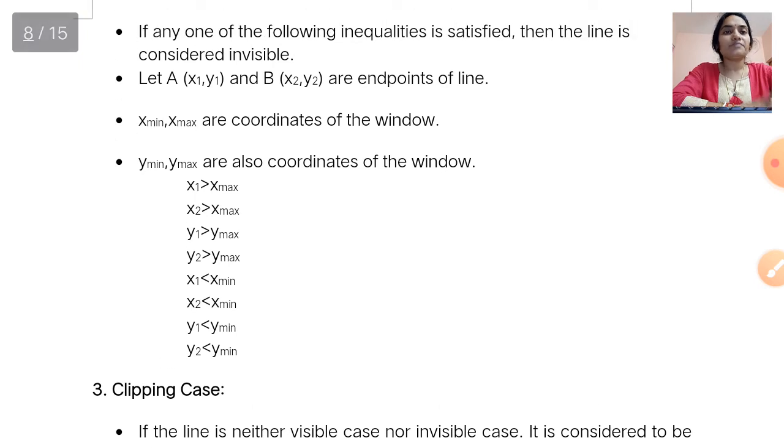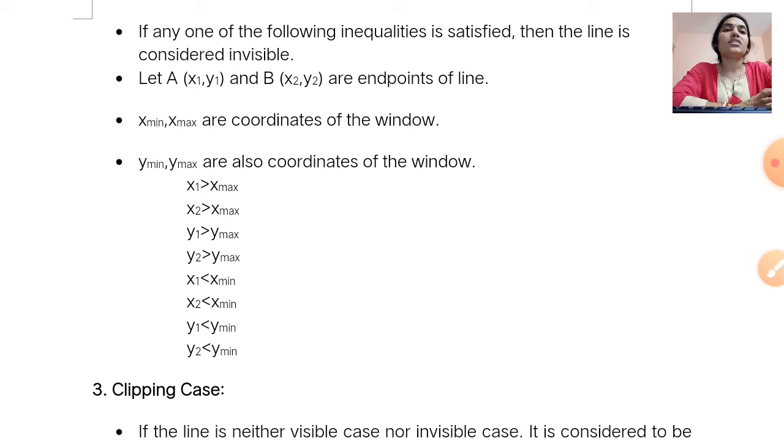The cases are: x1 greater than x max and x2 greater than x max; y1 greater than y max and y2 greater than y max; x1 less than x min and x2 less than x min; y1 less than y min and y2 less than y min.